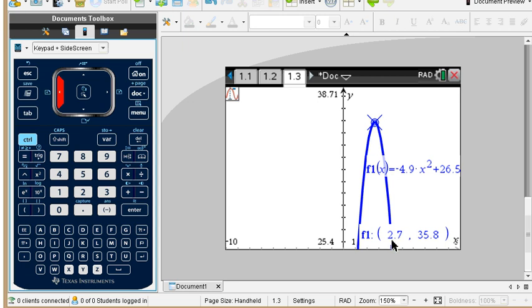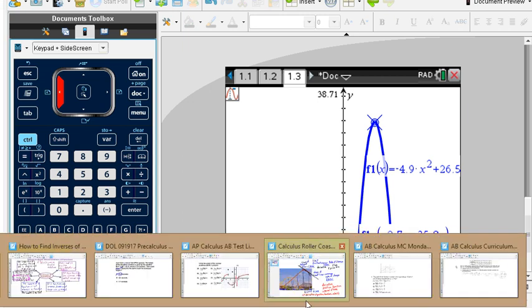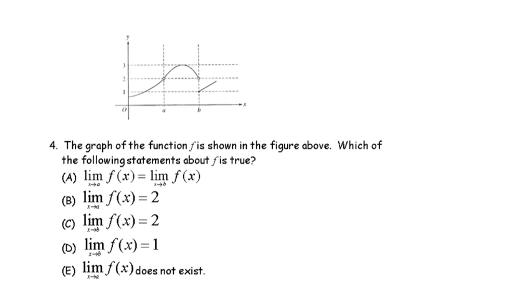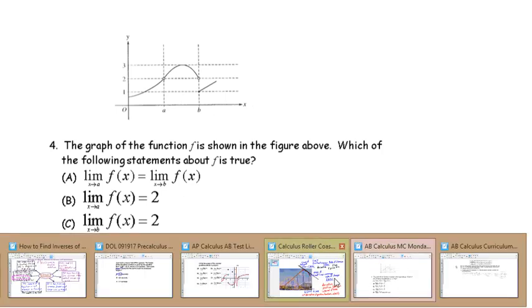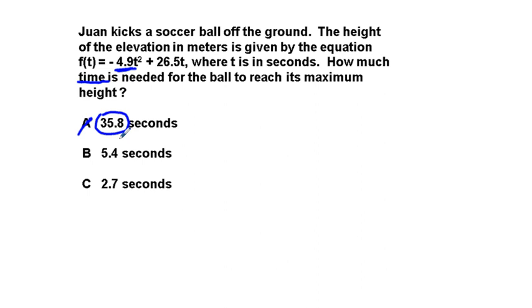Anyway, you see the coordinate pair 2.7 comma 35.8. So that's our coordinate pair.